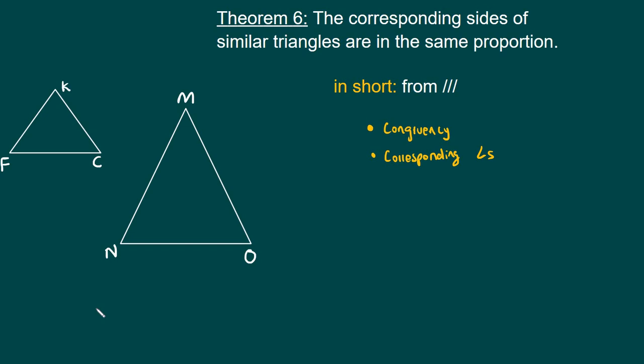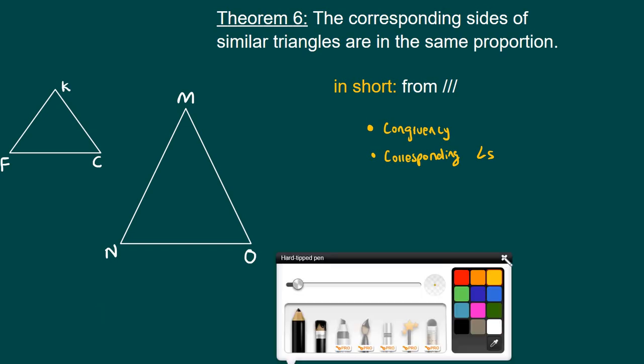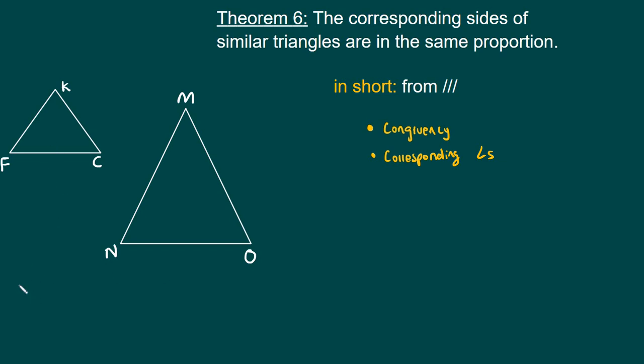In terms of what we need to prove, they're going to say prove a theorem that says that MN over KF is equal to MO over KC.